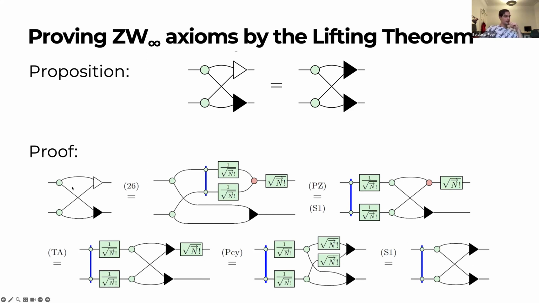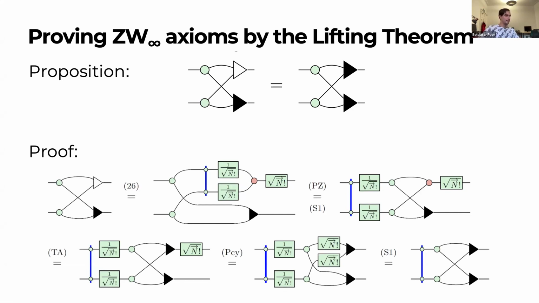And what we get after going through this proof is that this ZZ and then the split map and W is equal to this map, where we have, again, the same thing, but now here we have two W's as well as a projector. So we have this equality in ZW infinity, we did the reasoning in ZXWD, and now we can lift this result back into the infinite case to get the above equality.